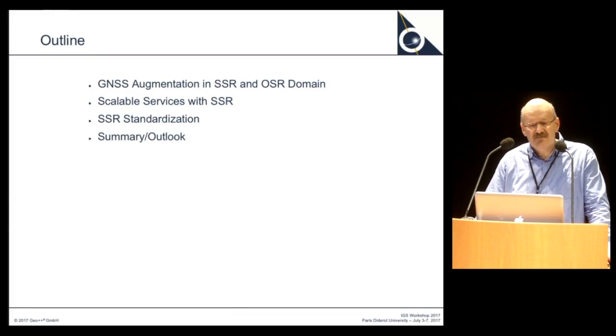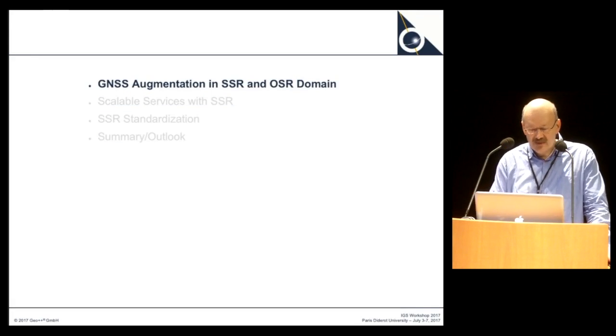And this will lead into some benefits, that it is very scalable to use the SSR technology. Then I will briefly talk about SSR standardization. I can only pick up two issues from the standardization. And finally, I want to give a summary and outlook.